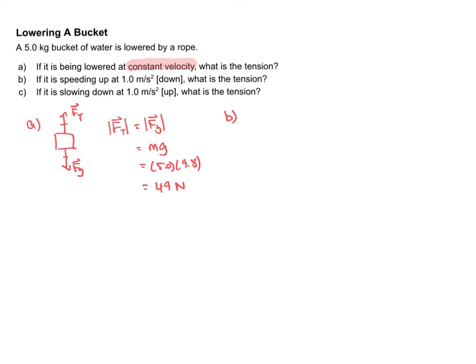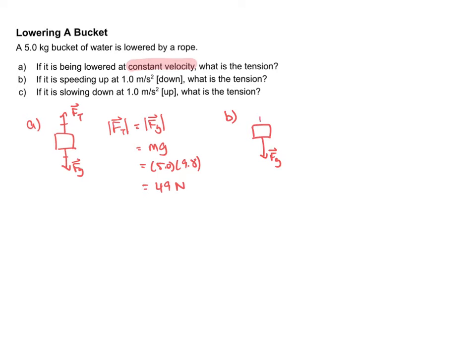So what if this bucket is speeding up at 1 meter per second squared down? So there's an acceleration here. The acceleration has to be down for it to be speeding up because it's being lowered. So this time, the free body diagram, since the acceleration is down, the downward force has to be larger than the upward force.